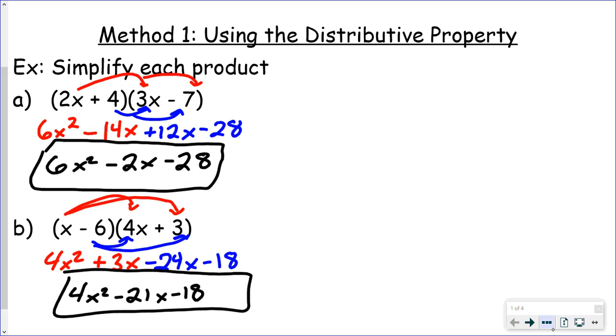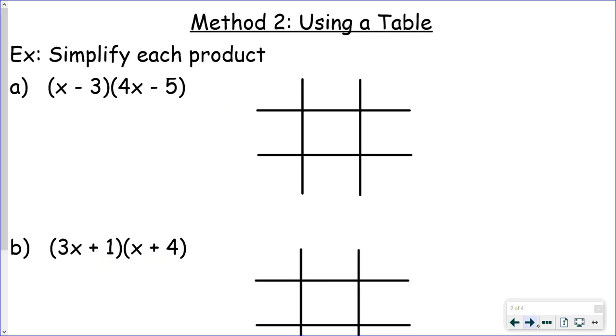Let's look at another method. The next method I'm going to show you is using a table. You basically make a tic-tac-toe table here, and you take one of your binomials and write it up here. This minus sign belongs to the 3, so I put it over here as a negative 3.